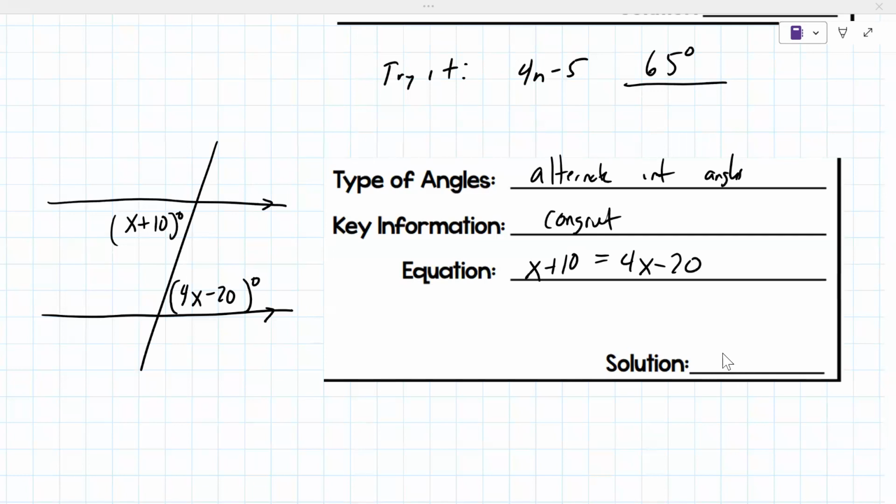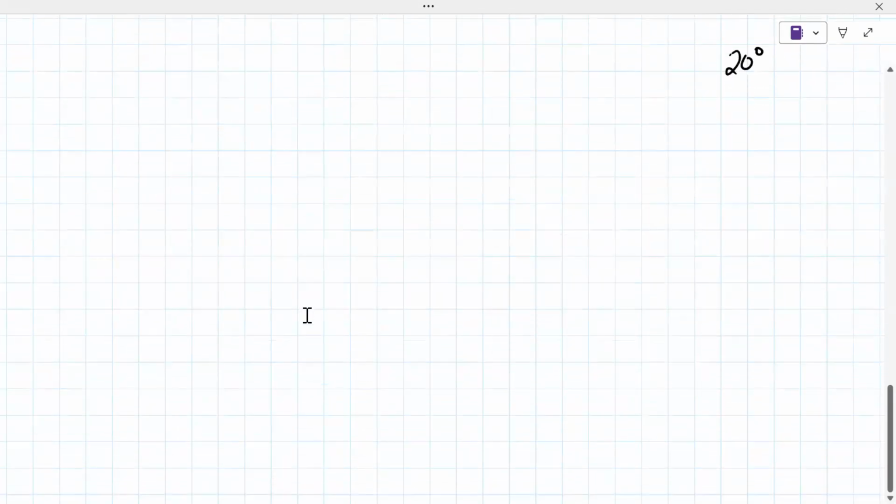Now, with this value of x, you can go back and find either angle measure. So could you do that for me, please? I did 4x minus 20, and that equals 20. The angle measure is 20 degrees. All right, good job.